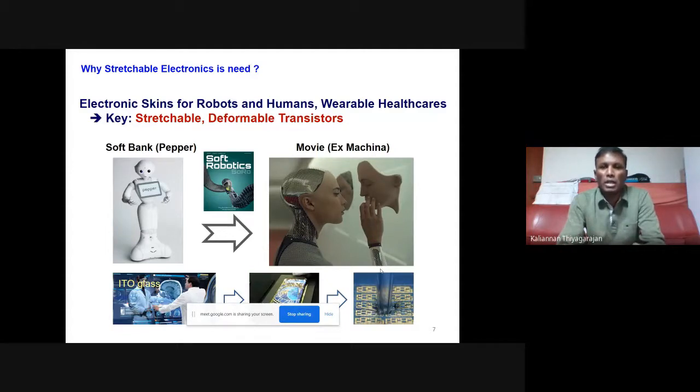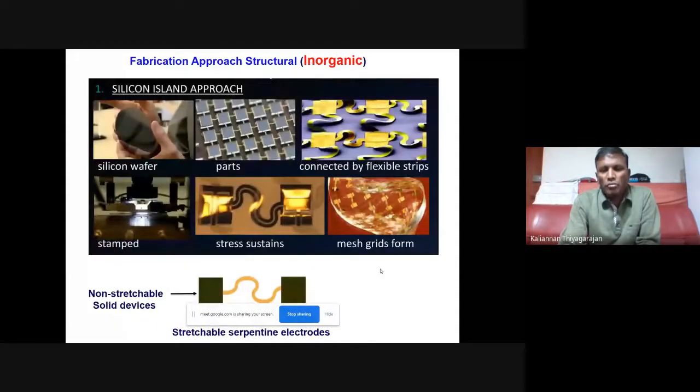The robot can have a sensitivity like a human. The Endhiran movie talks about similar things, which will come when stretchable electronics is developed further.